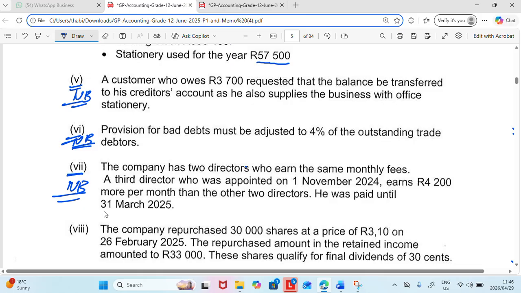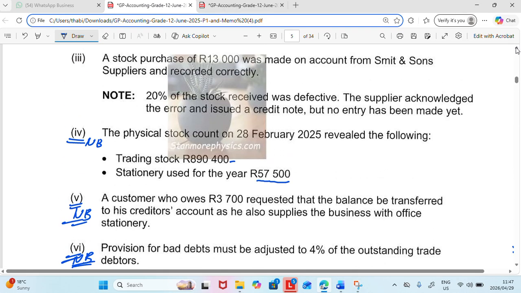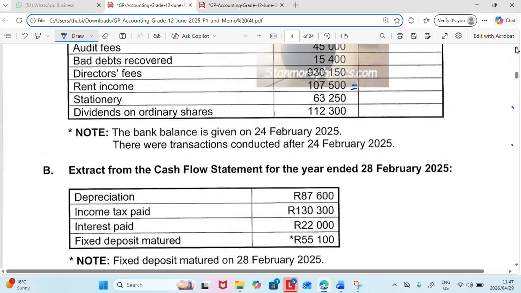So we have a prepaid expense here because the new director was paid until 31 March. Are we clear? So we have a prepaid expense here for 1 month. So we need to determine that prepaid expense. But let's check the director's fees from our list of balances.